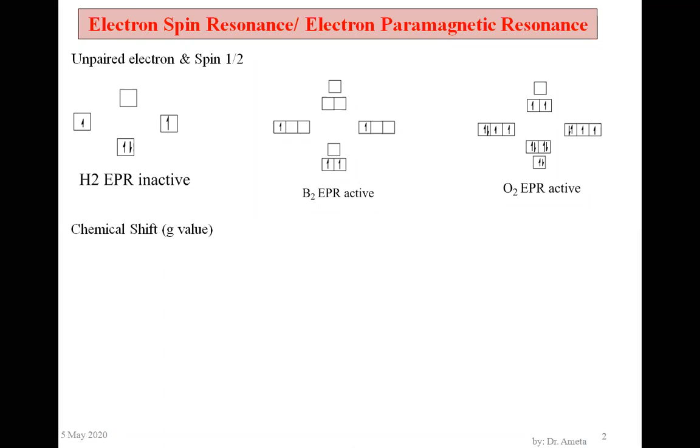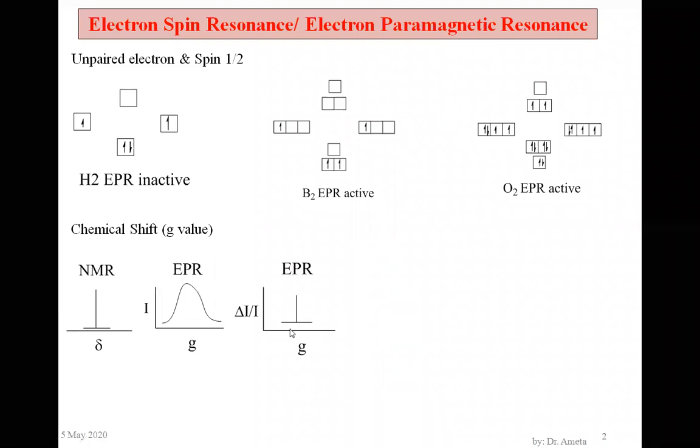In case of NMR, the chemical shift value is measured in delta or ppm value, but in case of ESR the chemical shift value is measured as the G value. When we see the spectra of NMR and EPR, in NMR spectra there is a sharp signal, but in EPR it is a broad signal.